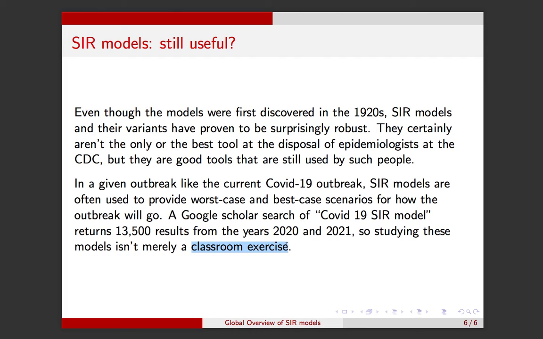We're not thinking about, hey, back in the day, what did people do, in contrast to what people do now. These are still used quite a bit nowadays. So that's a global overview of SIR models. It's a system of differential equations that are set up to model disease outbreaks for diseases like COVID-19, the flu, mumps, and things like that. Now in the next video, I'll actually show you the models, but this is a global overview here.